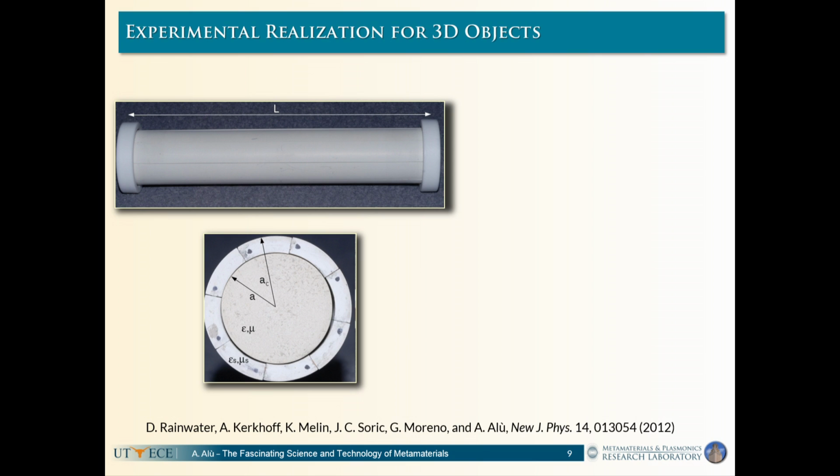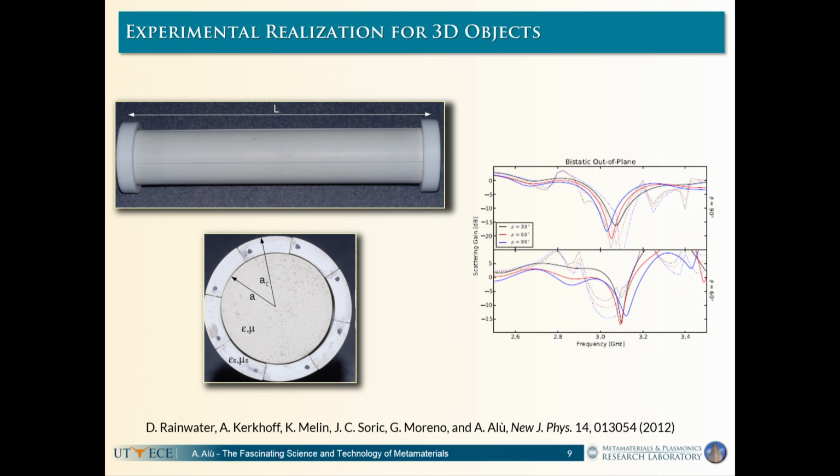And the effective response of this material provides this negative electric permittivity that gives you the desired properties. And indeed, if you measure the scattering from this object anywhere around the object, even in the near field, you will find a drastic reduction of scattering at the design frequency and over a moderately broad bandwidth.